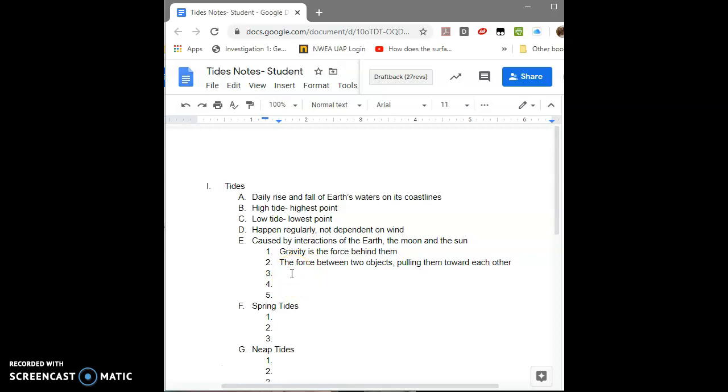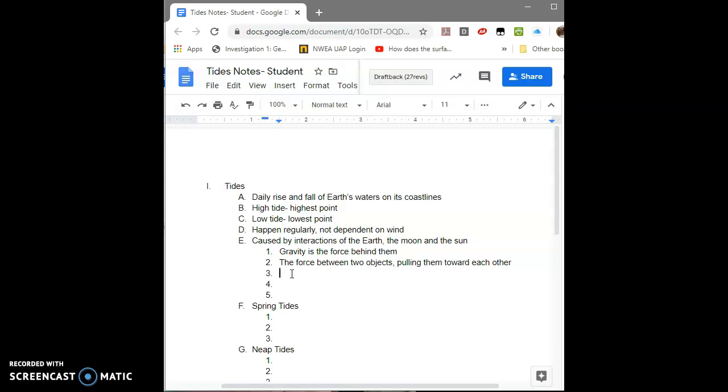And you'd think the sun would have a greater gravitational pull on the Earth than the moon, but the sun is so far away because gravity decreases as distance increases. So the sun is so much further away than the moon that its gravitational pull is, I think, about a half of what the pull of the moon is.